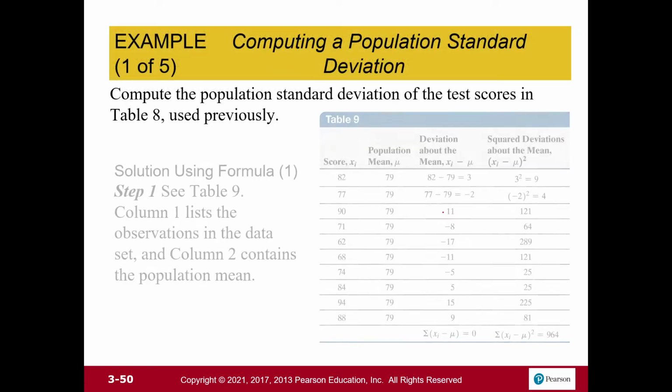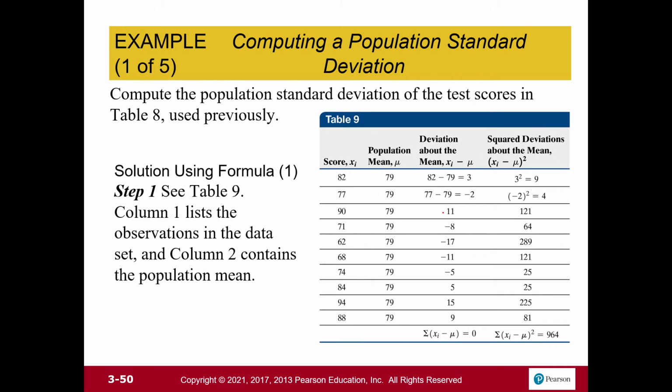And now they say here, calculate the standard deviation. This is how you would calculate it out by hand. List out all your numbers, list out the mean, subtract the mean from the data, and then square that last column, and then take the average of the last column, and then you take the square root. So we got 964, divide that by 10.